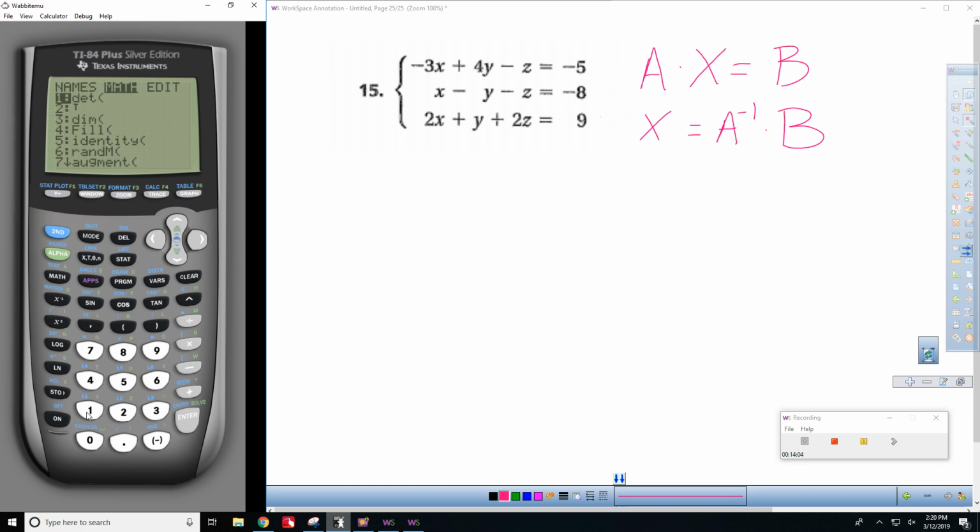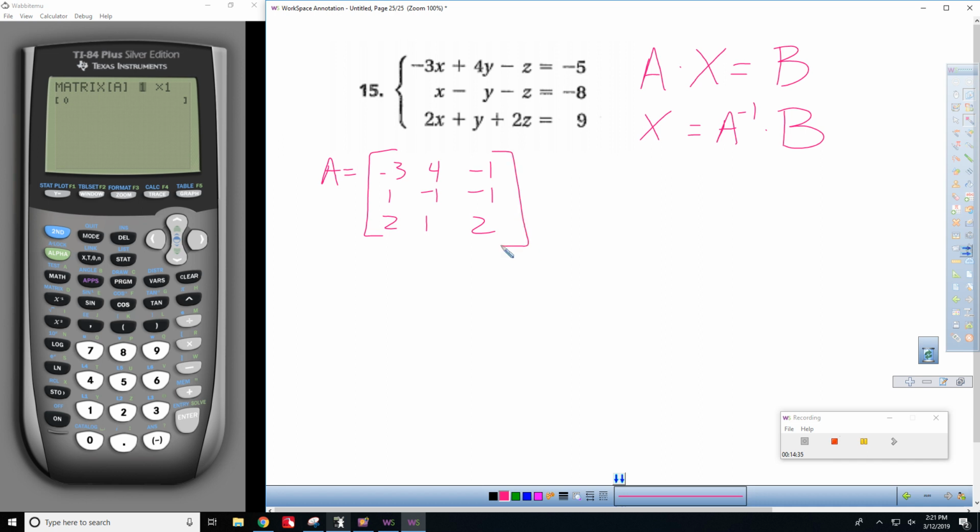So I'm going to edit number 1, which is A. We want, well, let's list our matrix. A is negative 3, 1, 2, 4, negative 1, 1, negative 1, negative 1, 2. Okay?